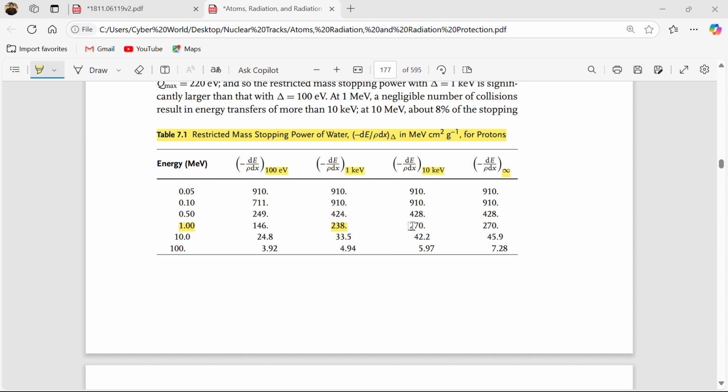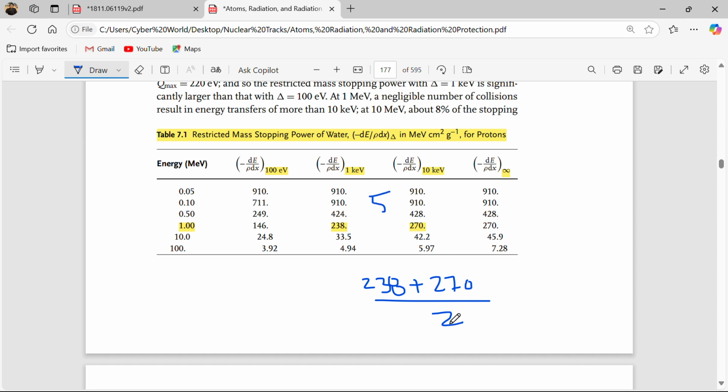So what we have to do is take the average, the sum of this plus this divided by 2, to get the value at 5 keV. So we do 238 plus 270, divided by 2, because this is 1 and this is 10, and in between, half of this is 5.